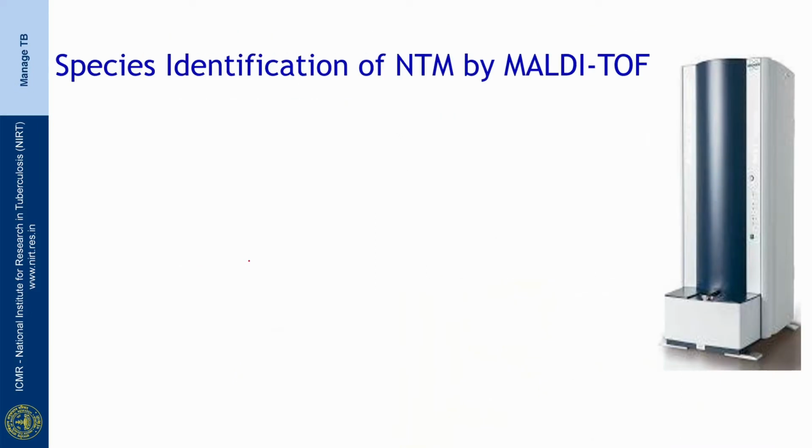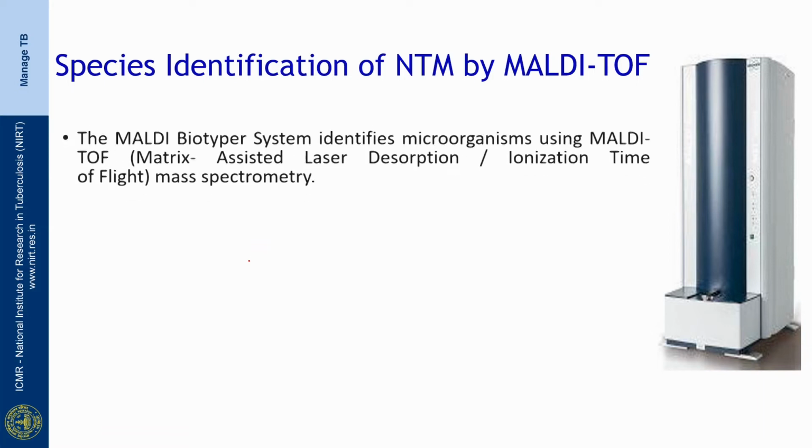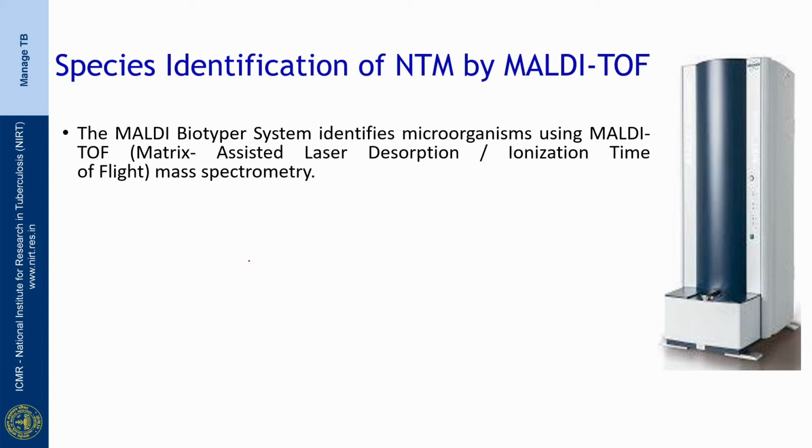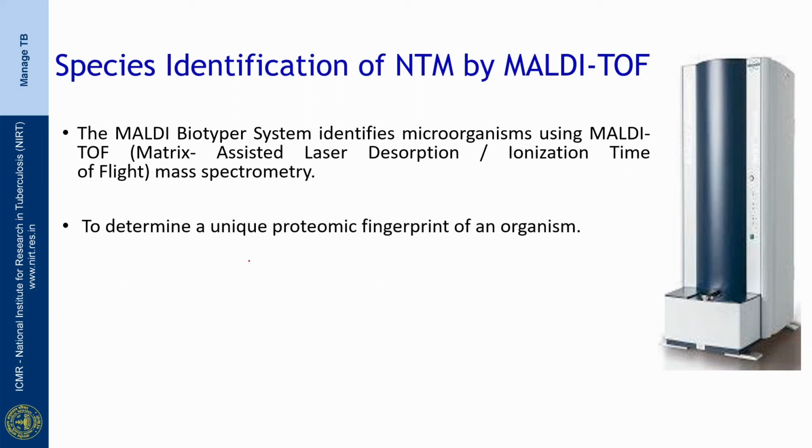The next method of identification is MALDI-TOF, which is known as matrix assisted laser desorption ionization time of flight mass spectrometry. So how is it determined? It is a unique proteomic fingerprint of a particular organism. This can be used for other microorganisms as well.